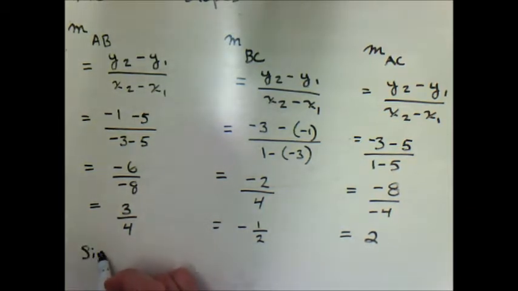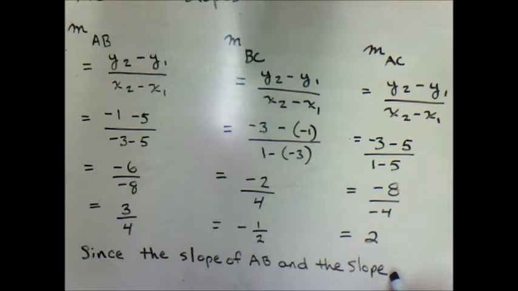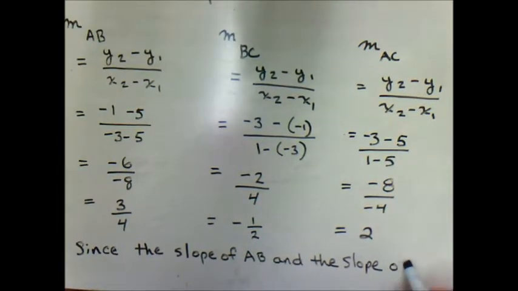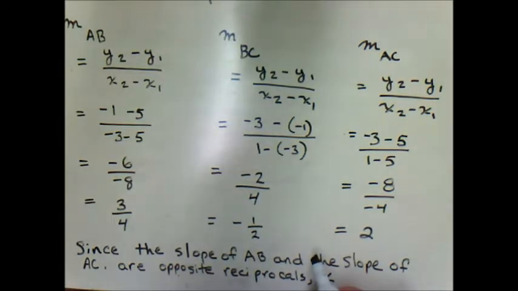So since the slope of AB and the slope of AC are opposite reciprocals, let's say this, so what is our right angle?